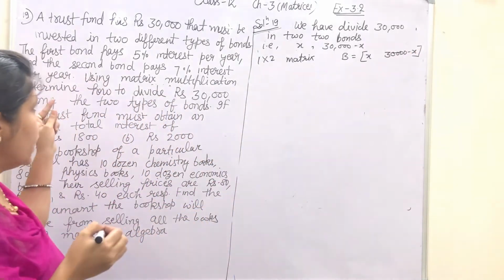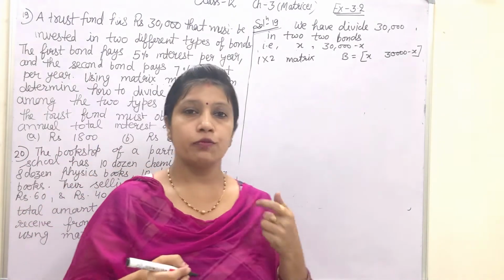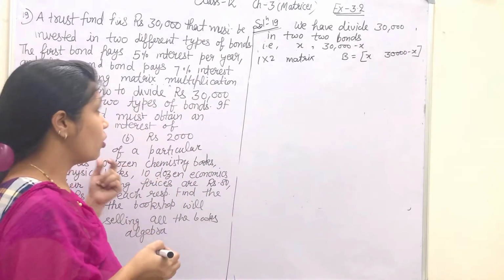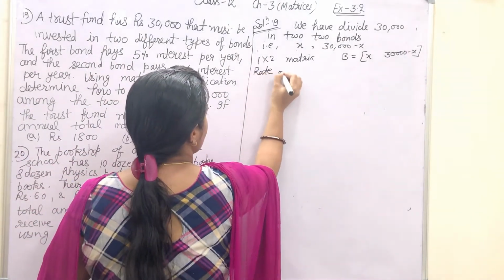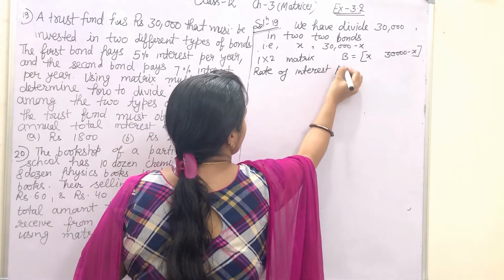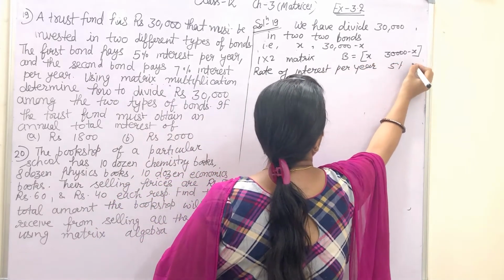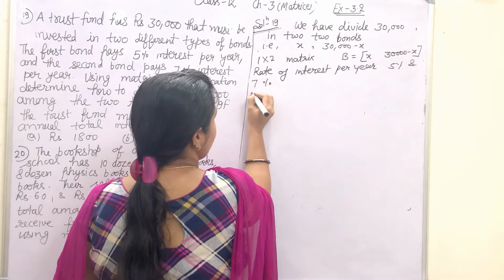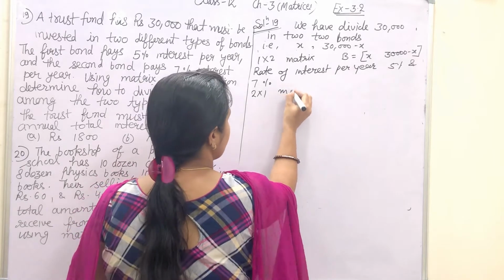Now we have given the rate of interest: for the first bond it is 5% and for the second bond it is 7%, per year. So in matrix multiplication we write it in a 2 cross 1 matrix.